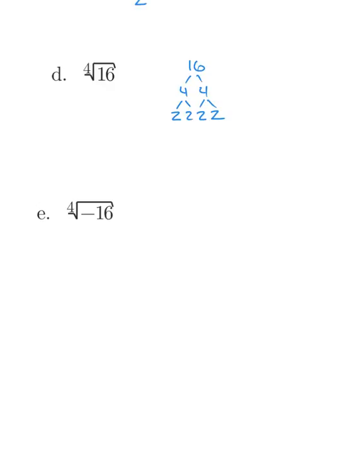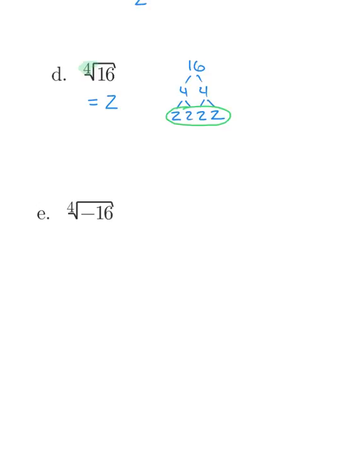So on this one, note that we are looking at fourth roots, so I want a grouping of 4. I have one group of 4 2's. So the fourth root of 16 is equal to 2.